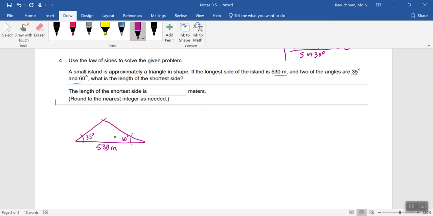then how do I know those are these two angles? Well, the longest side has to be opposite the largest angle. So to find that angle, I take 180 degrees minus 35 minus 60. 180 minus 35 minus 60.